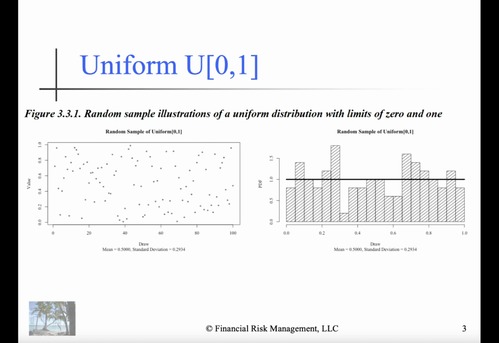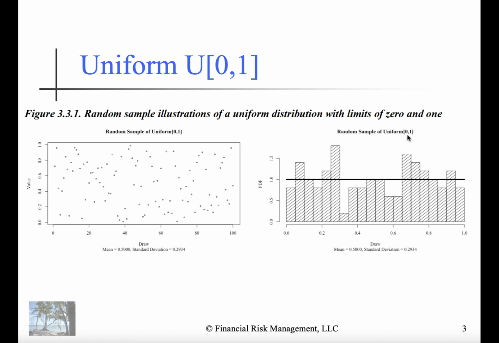A uniform distribution with the range 0 to 1. What's illustrated here on the left-hand side is a random sample of a uniform distribution with a mean of 0.5 and a range of 0 to 1. And what we see is that it is quite random, and it's very useful when you're trying to map out some sort of random variable.